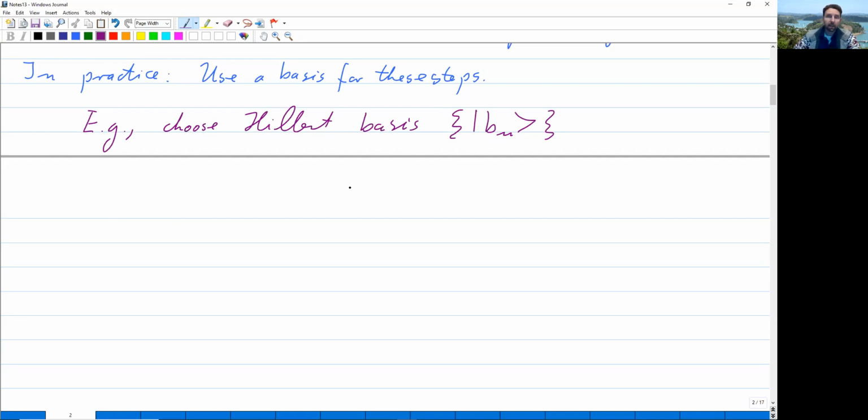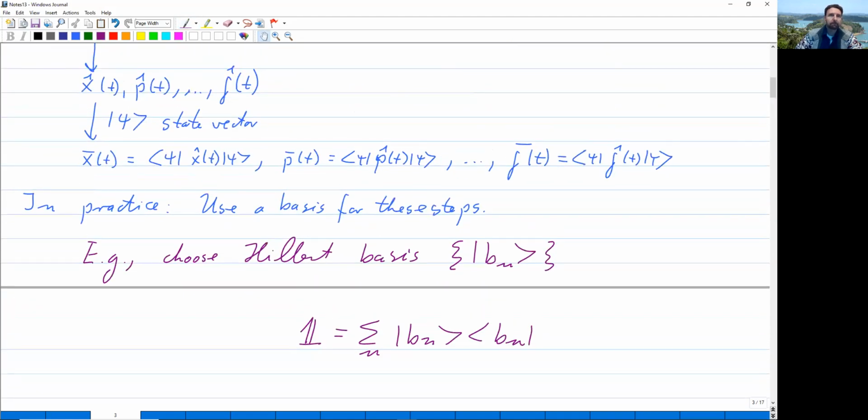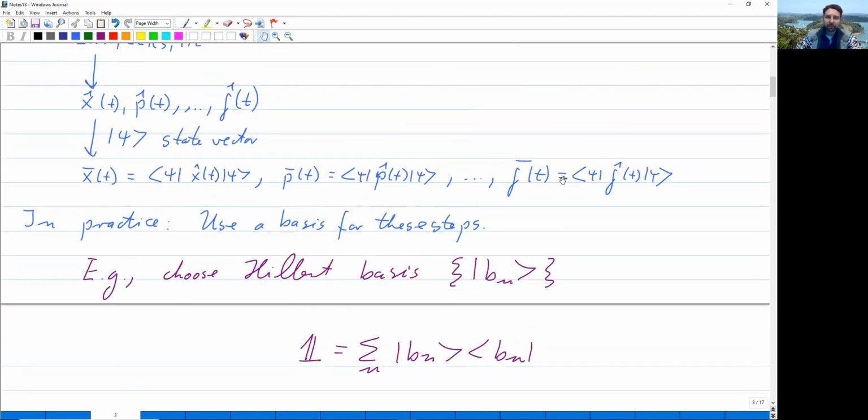And then we can use this basis to write down a resolution of the identity, sum over n, Bn, Bn, so that what we had written above, these abstract equations, contain only a vector in the Hilbert space and an operator on the Hilbert space, but no numbers.